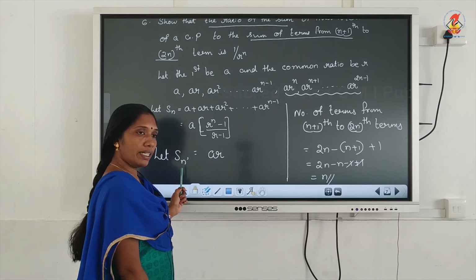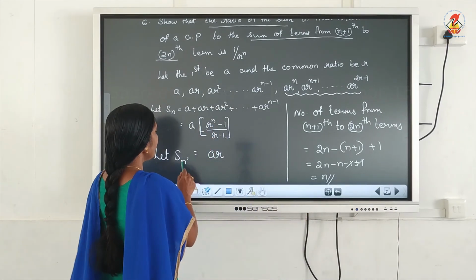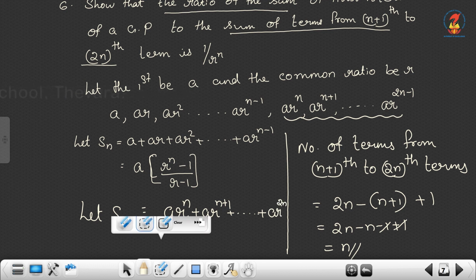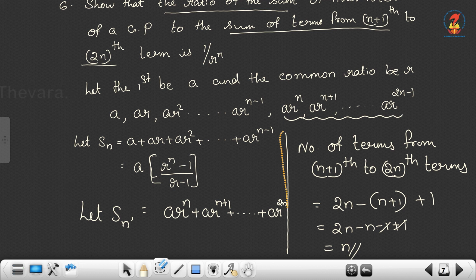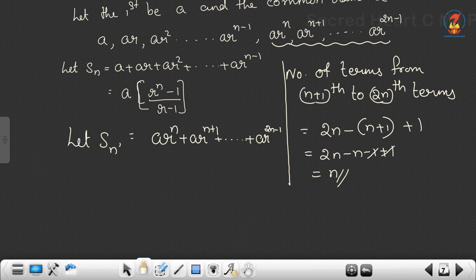So here we need the number of terms, that's why I found this. Here Sn dash is the sum of ar raised to n plus ar raised to n plus 1 plus etc. plus the last term ar raised to 2n minus 1. We know there are n terms.